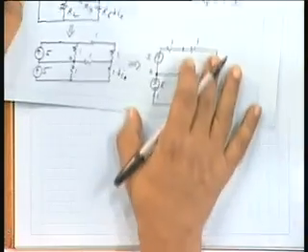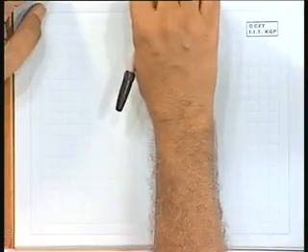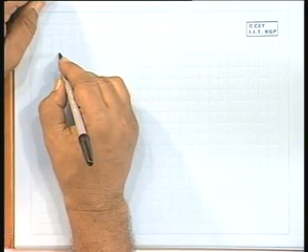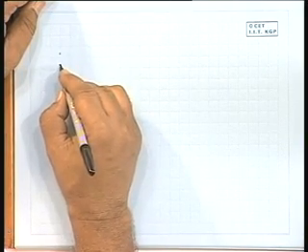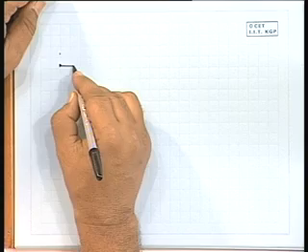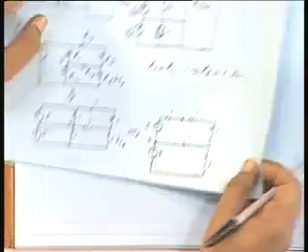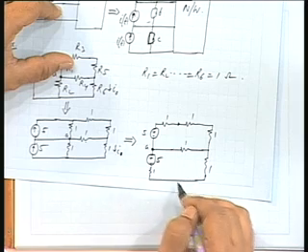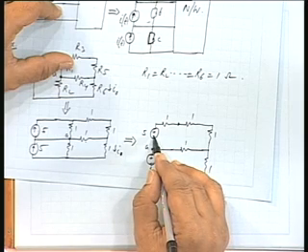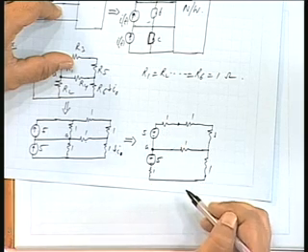Now, from this point A this is 1 ohm, this is 1 ohm, and this is 5 volts with 3 ohms resistance.